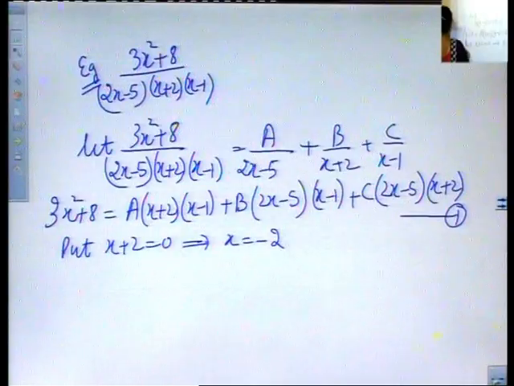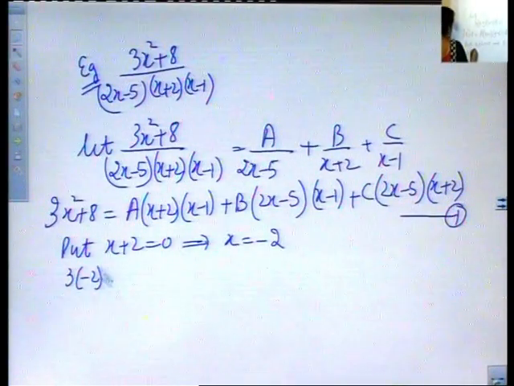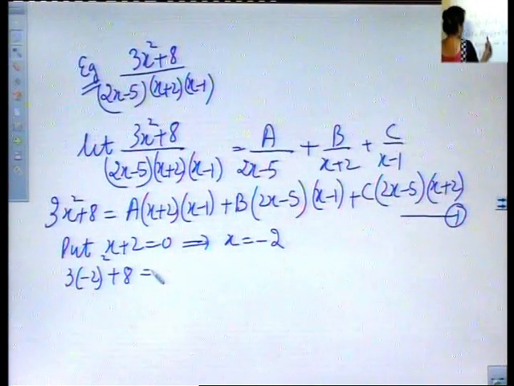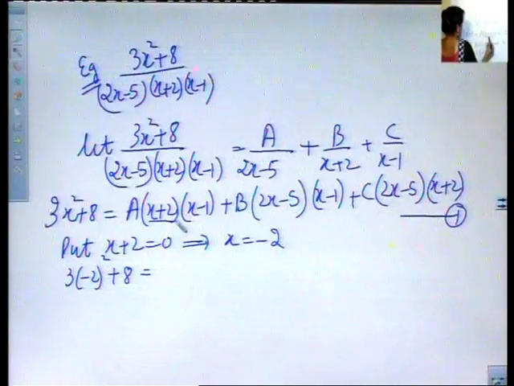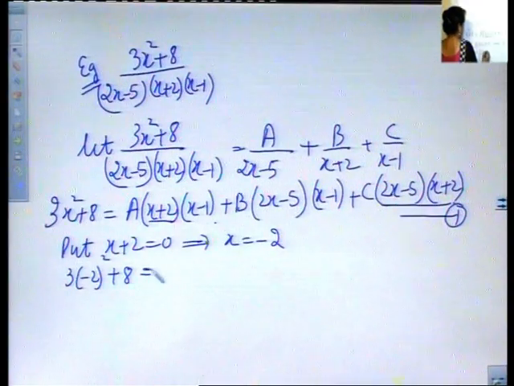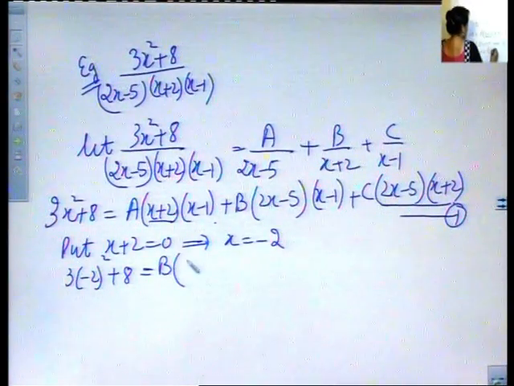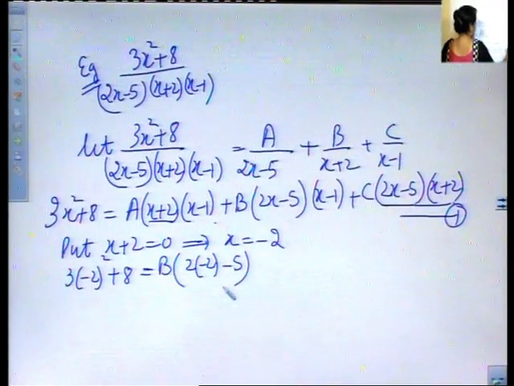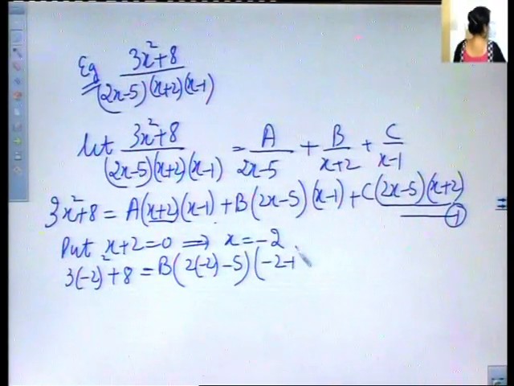Put this value in equation 1, we get 3 into minus 2 whole square plus 8. Now here we have the factor x plus 2, therefore this whole term is 0 and also this whole term is 0. So we are left only with b into 2 into minus 2 minus 5 into minus 2 minus 1.